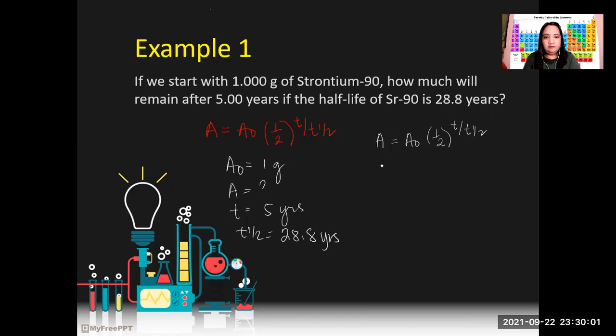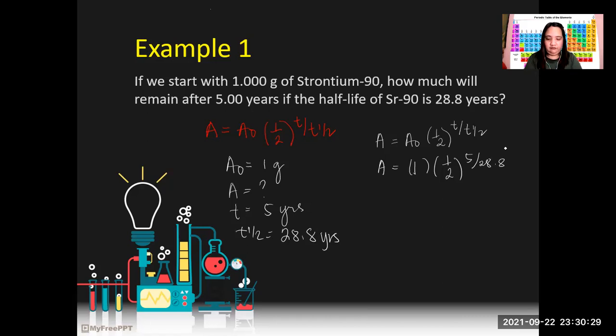So A equals AO, which is 1 gram, multiplied by 1/2 raised to 5 over 28.8. And you do your magic in the calculator. What I'm going to do is solve it with you. That's 1 times, I don't even have to do that.